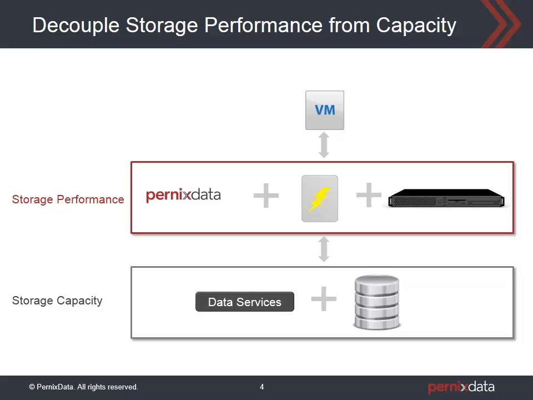You create a storage performance tier in your data center, and you allow the array to do what it does best, and that is providing raw capacity plus data services. So your array becomes your storage capacity layer, and you will get your storage performance from the Pernix data layer, from the compute layer plus flash plus Pernix data.